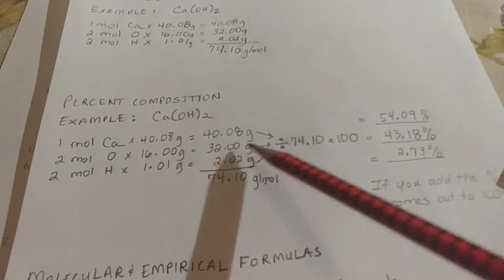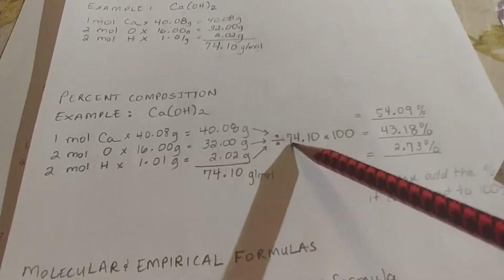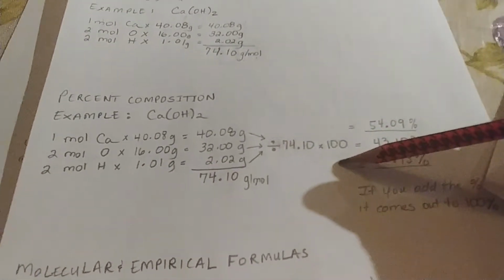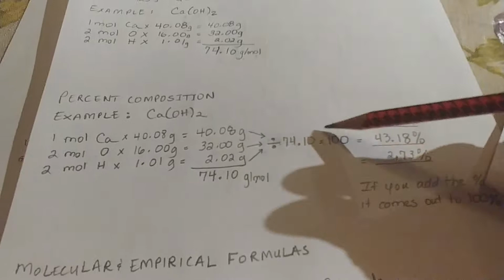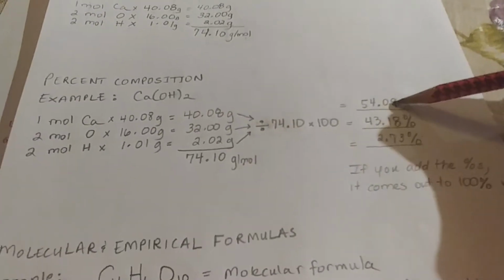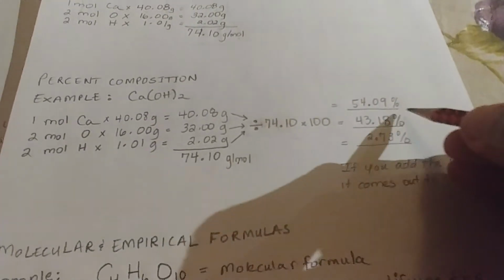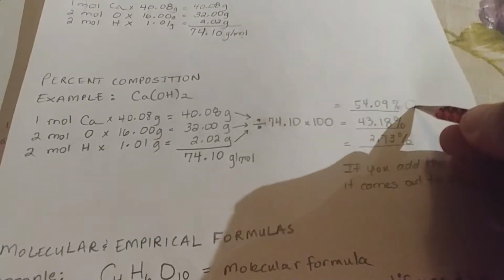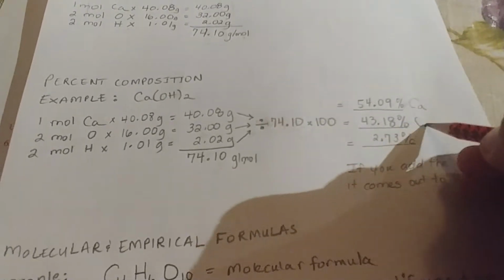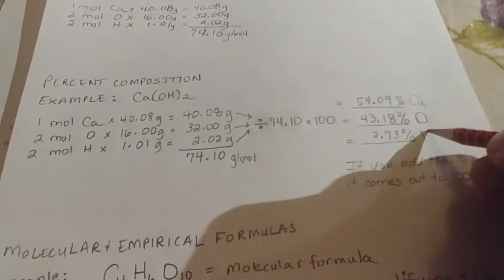This 32 gets divided by 74.10. And this 2.02 gets divided by 74.10. Because we don't want decimals for our percentages, we're going to multiply each of our answers by 100. Once you do that, you get 54.09% of calcium. You've got 43.18% of oxygen. And you've got 2.73% of hydrogen.